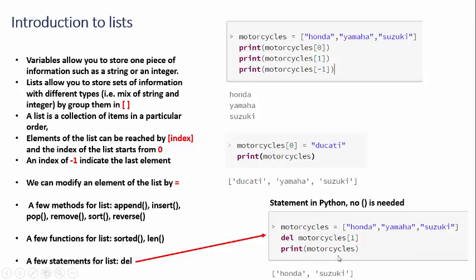We can print out motorcycle to see whether it is true or not. And actually the result is Honda and Suzuki, which confirms that the del statement is going to remove a specific element defined by its index.